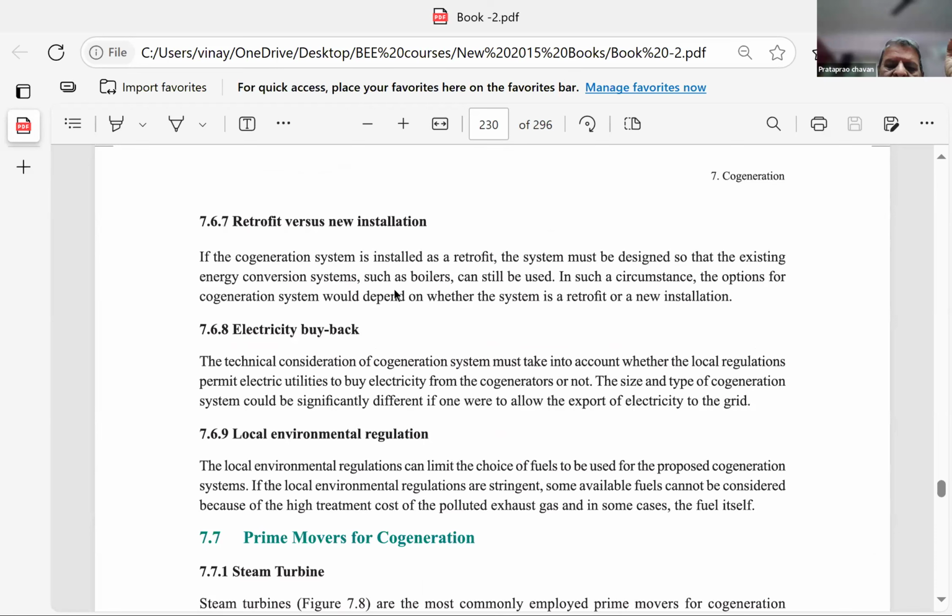Then retrofitting: what is the existing system and you are proposing a new retrofit system. In that new retrofit system, there are so many factors playing parts. One, you can always, of course, go for the highest efficiency retrofit. But the highest efficiency retrofit may require more space for erection.